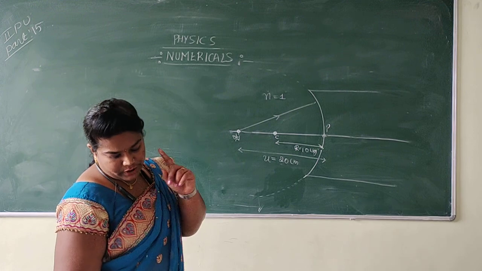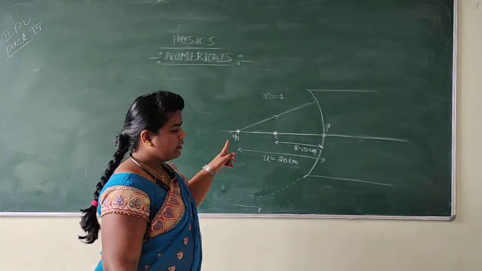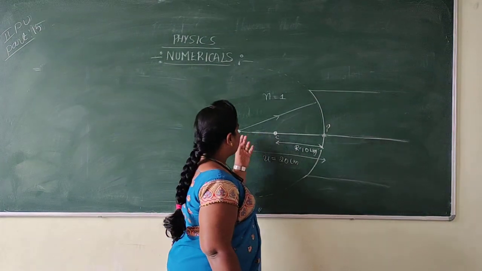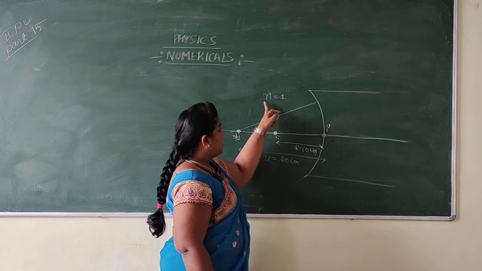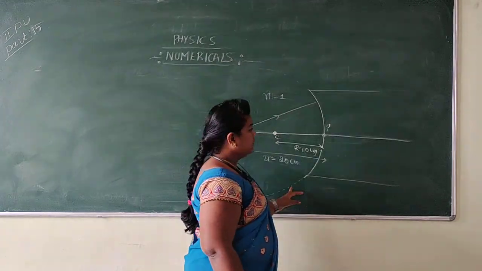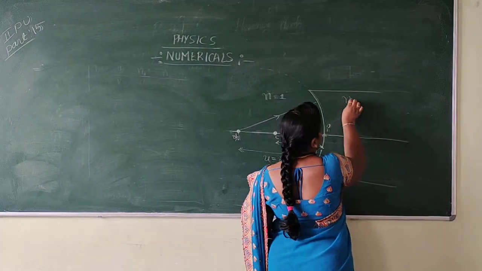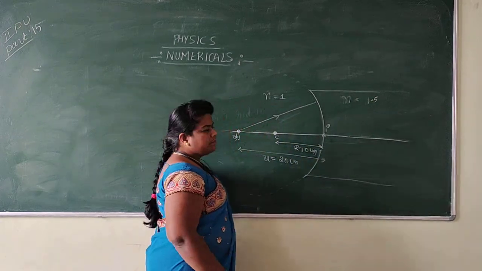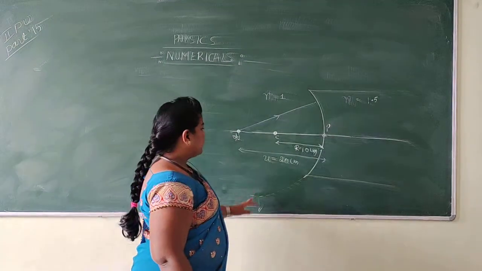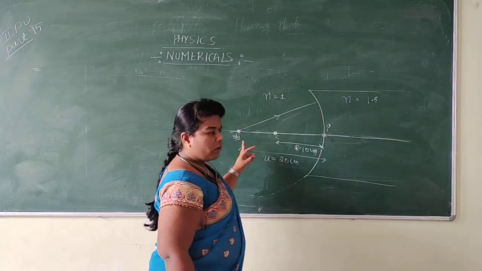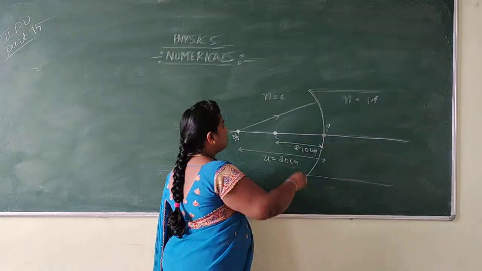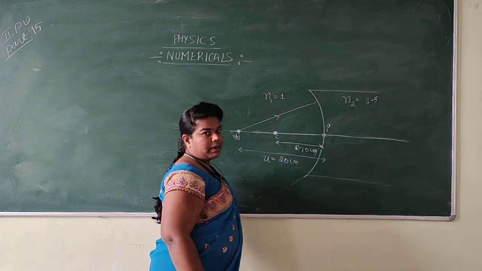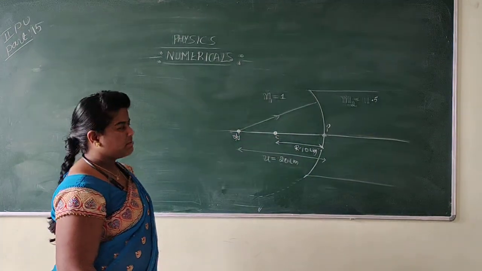Assuming that the refractive index of rarer medium is 1 and the refractive index of the denser medium is 1.5. They said the object is placed in rarer medium, so this becomes 1. Then let us call the remaining medium the denser medium, with refractive index 1.5. Now which of these is n1 and which is n2? See here, the medium on this side has the object. The medium in which the object lies, we write as n1. The medium in which we observe refraction, we represent as n2.